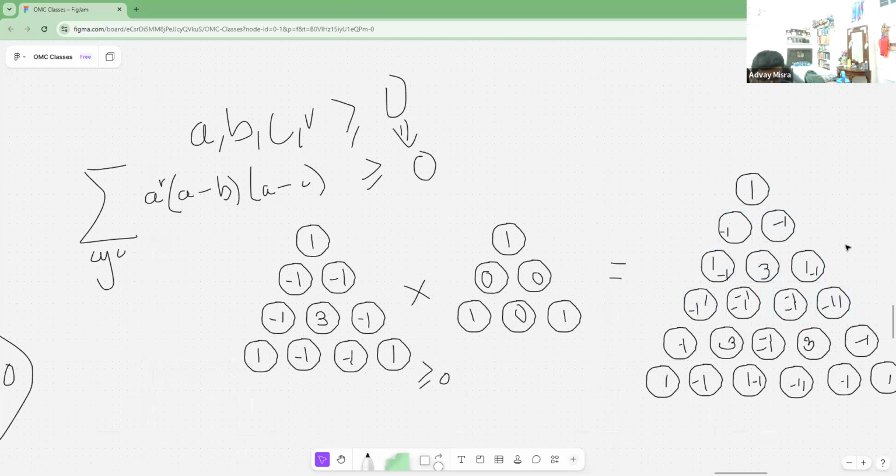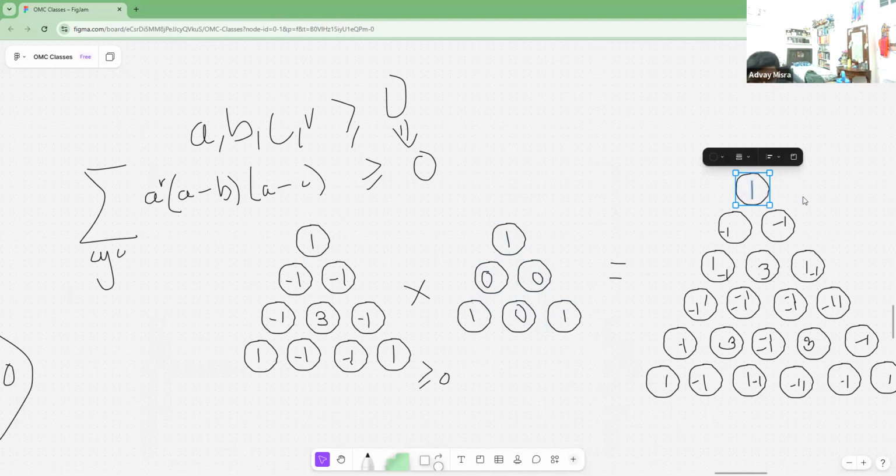Then we take this and multiply it by each term over here. So let's start with 1. You multiply this thing by 1, and then you put a copy of it at the relevant place.